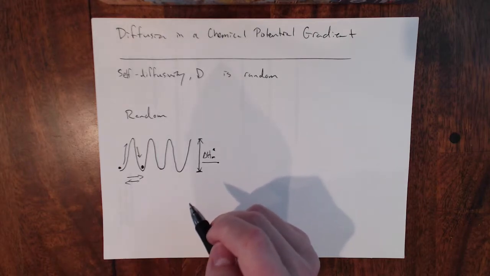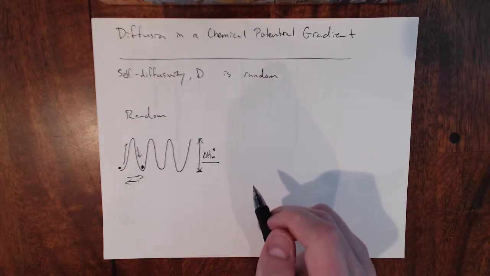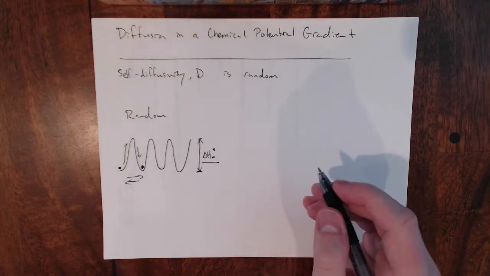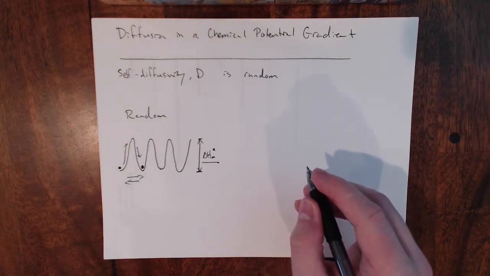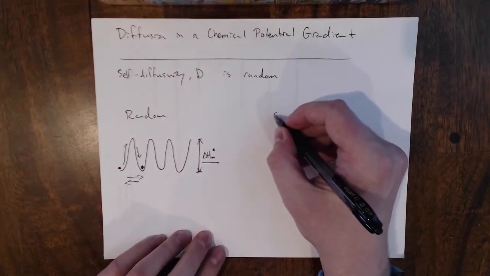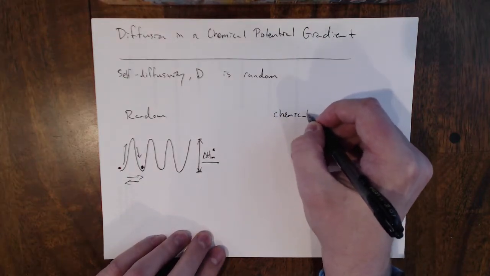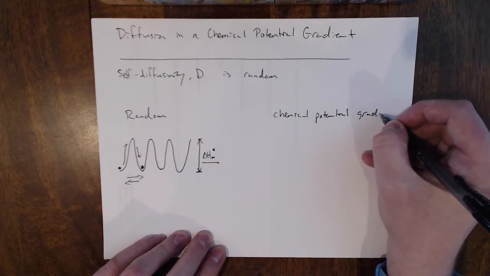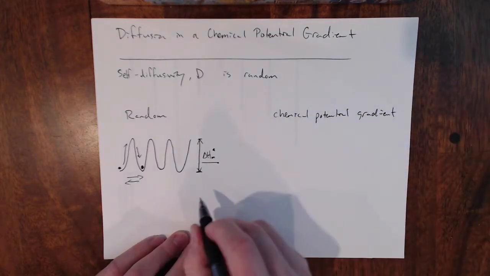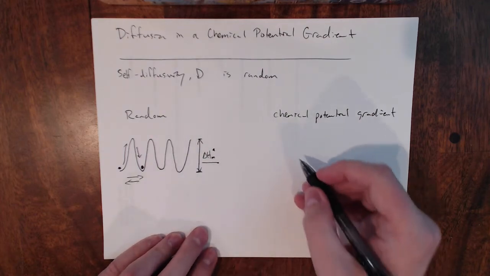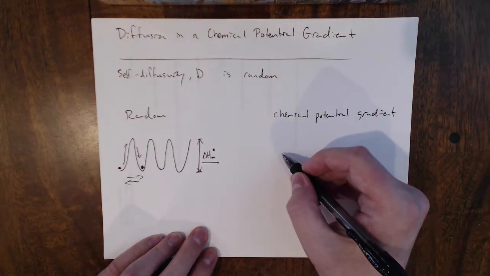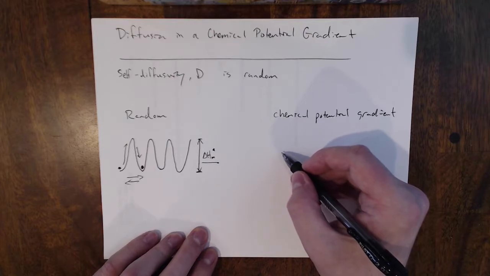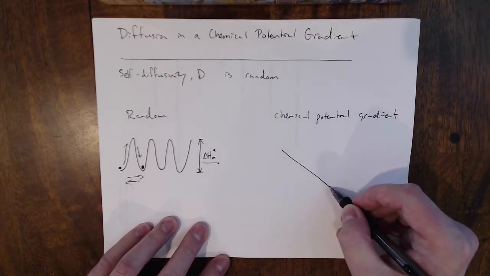So how is this going to change when we impose a chemical potential gradient? I'm going to write that over here, chemical potential gradient. What that's going to look like for this type of curve is that it's going to look tilted, so I'm going to draw a line like this.